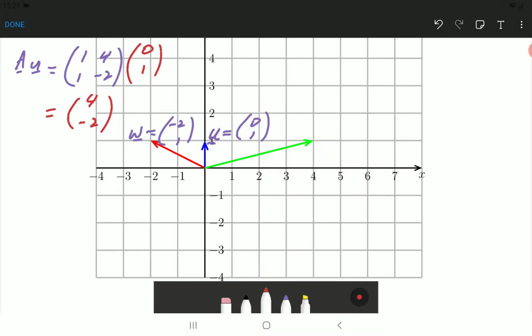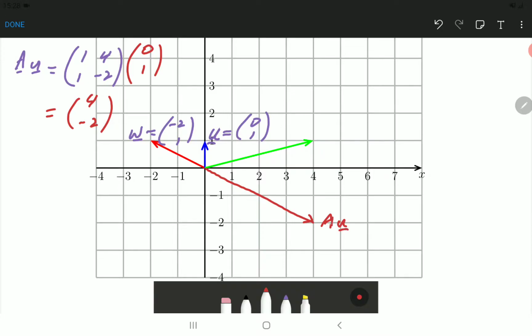So that means it's this vector here. So that is Au there.